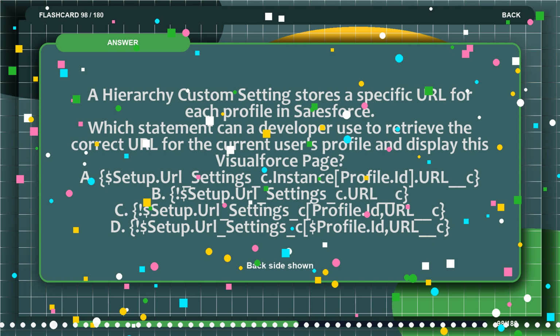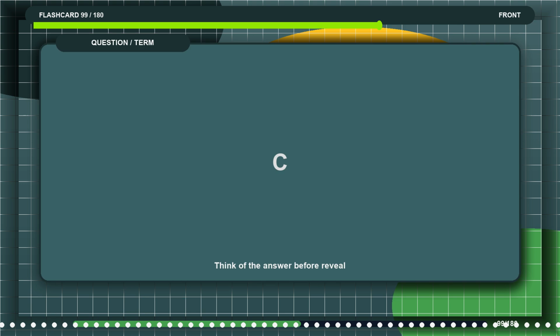A. $Setup.URL__Settings__c.InstanceProfile.Id.URL__c. B. $Setup.URL__Settings__c.URL__c. C. $Setup.URL__Settings__c.Profile.Id.URL__c. D. $Setup.URL__Settings__c.$Profile.Id.URL__c. Flashcard 99. C. Think of the answer before the reveal.